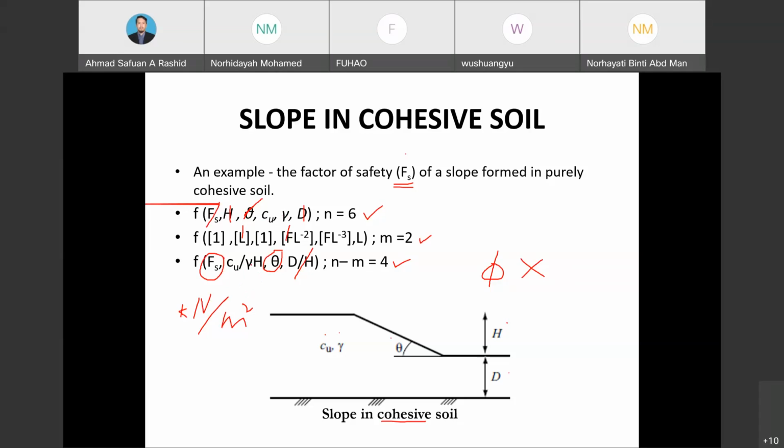In this case, the researcher has multiplied with H to complete the last dimensionless equation. So then we have 4 sets of dimensionless equations.